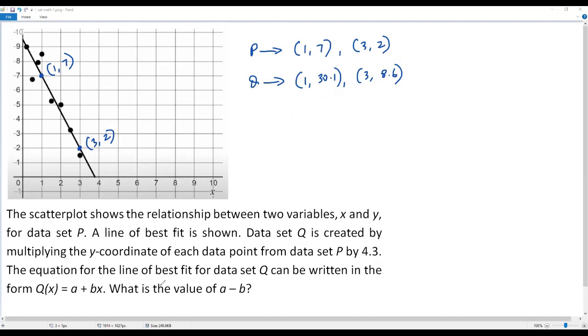Our aim is to get the equation for the line of best fit for data set Q. Once I get the equation for the line of best fit for data set Q, it can be compared with the equation we have over here. When I do so, I'll be able to get the values of the constants A and B. So from the values of A and B, I'll be able to get the value of this expression A negative B. Since we are trying to find the line of best fit, it will be a linear equation, and we can get the equation of the line of best fit for data set Q in slope intercept form.